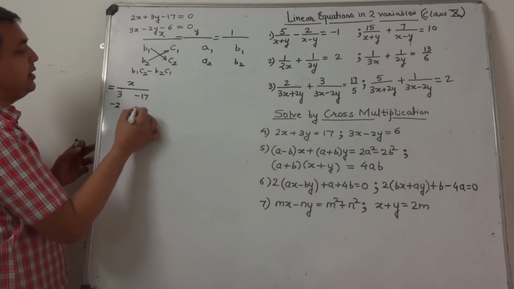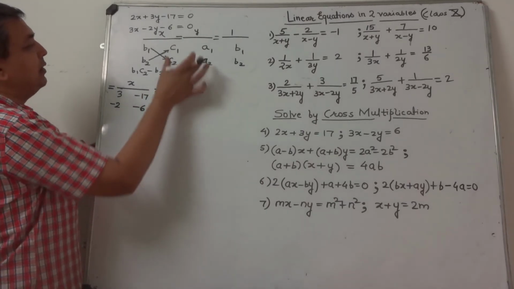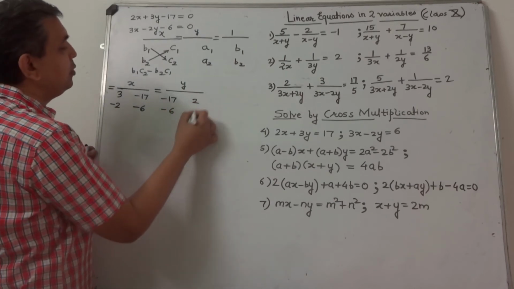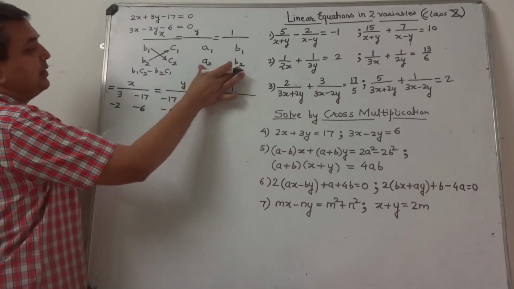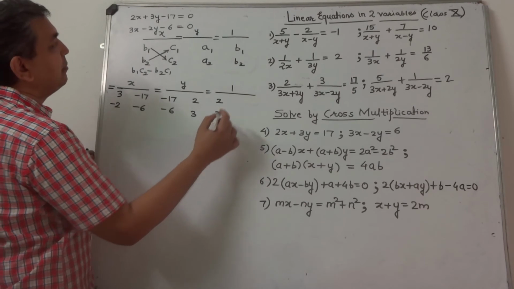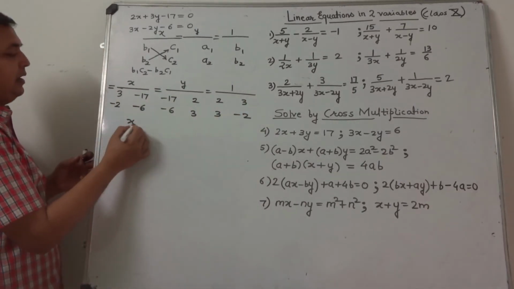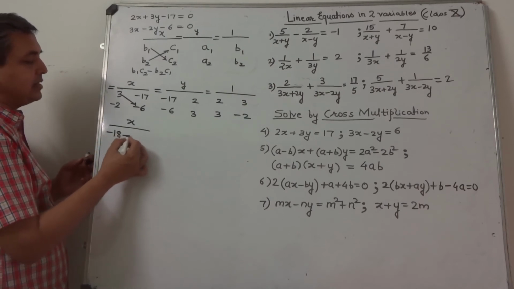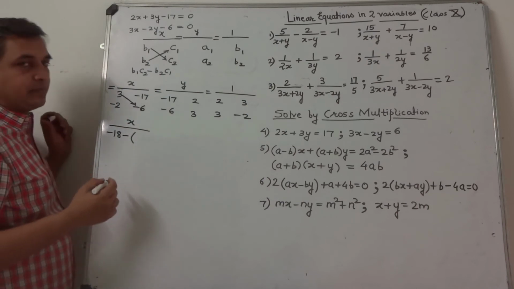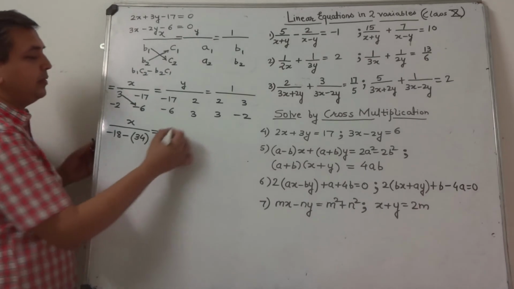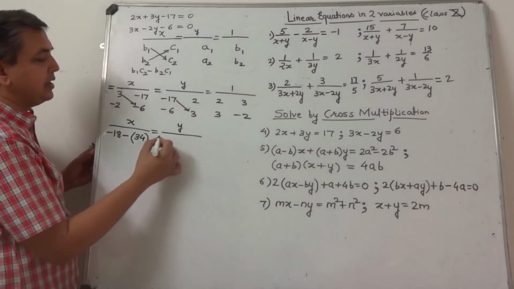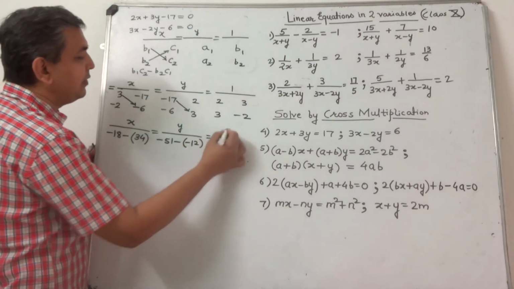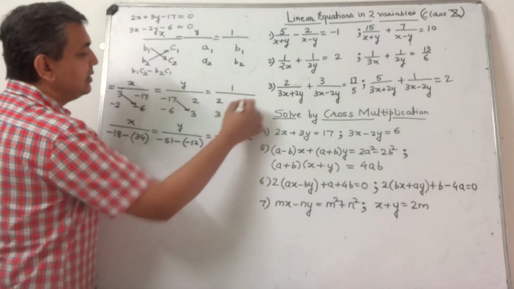C1 C2 is minus 17, minus 6, equal to y upon, we want this term below y, C1 C2, minus 17, minus 6, A1 A2, 2, 3, is equal to 1 upon, we want this sequence below 1, A1 A2 is 2, 3, B1 B2 is 3, minus 2. x upon, we multiply this first, 3 into minus 6 is minus 18, minus, we multiply these two terms, minus into minus plus, 17 2s are 34, equal to y upon, check this, 17 3s are 51, minus 51, minus, minus 6 into 2 is minus 12, equal to 1 upon, this is minus 4 minus 3 3s are 9.